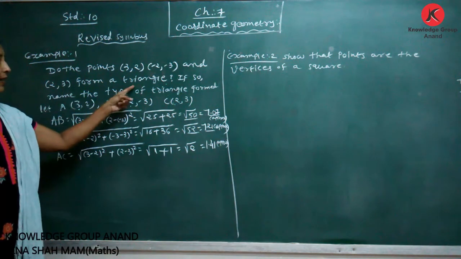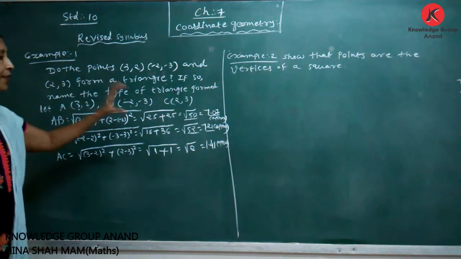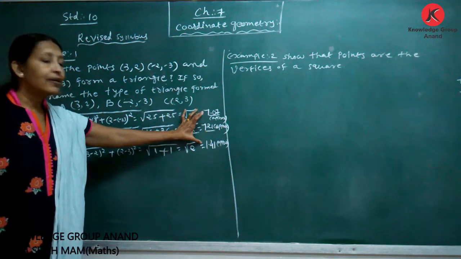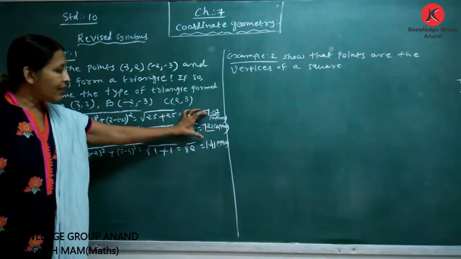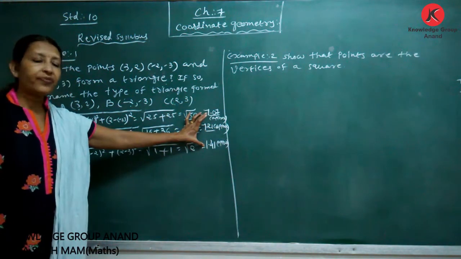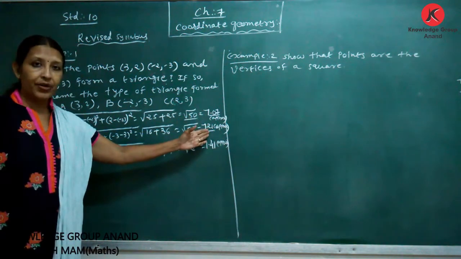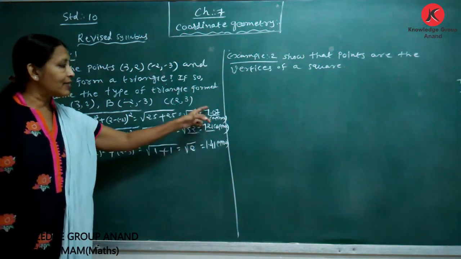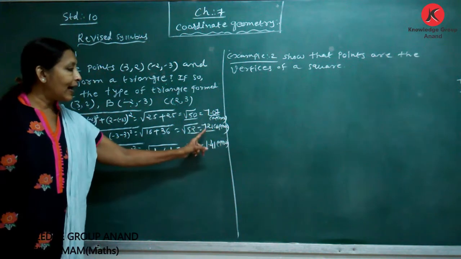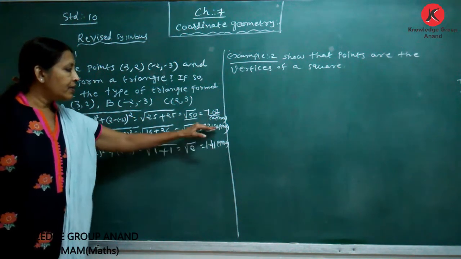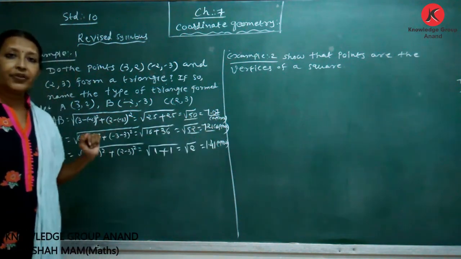Does it form a triangle? Yes. The sum of two sides is greater than the third side. 7.07 plus 1.41 is greater than 7.21, and these two are greater than 7.07, and these two are greater than 1.41.